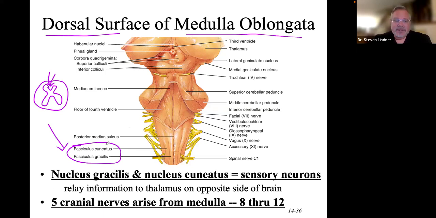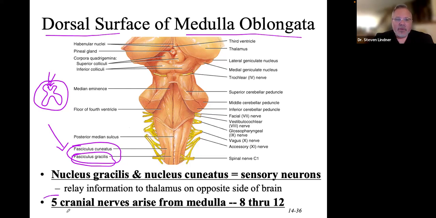So the fasciculus cuneatus and gracilis are part of the posterior columns that deal with proprioceptive awareness, vibration, two-point discrimination. It's just that the fasciculus gracilis dealt with those functions of the lower half of the body, and the fasciculus cuneatus dealt with those things, the upper half of the body, the upper extremities.